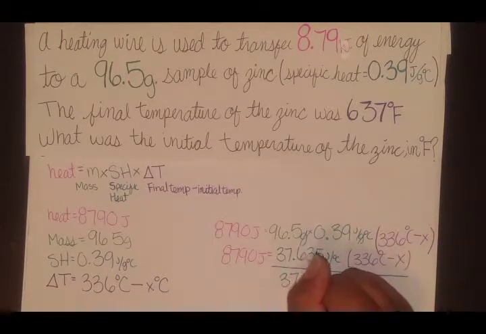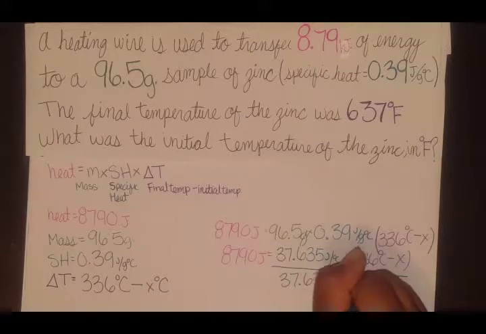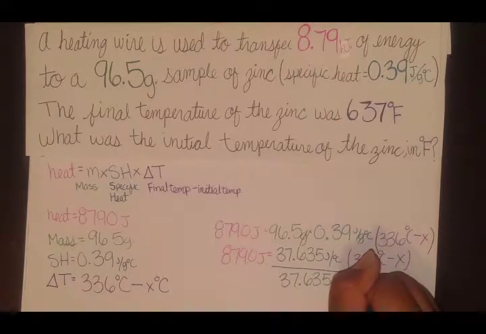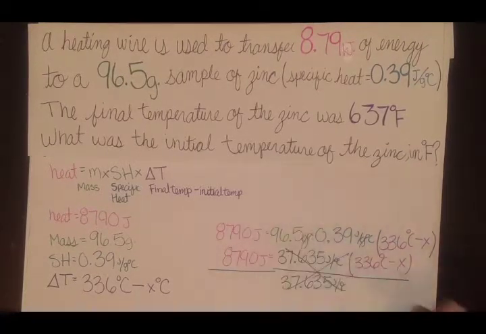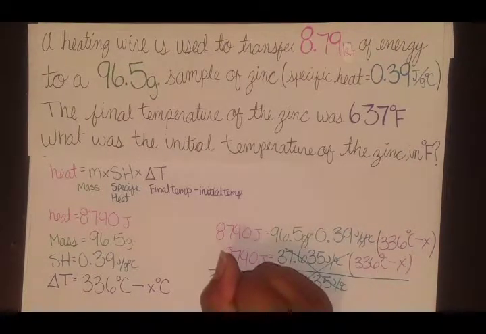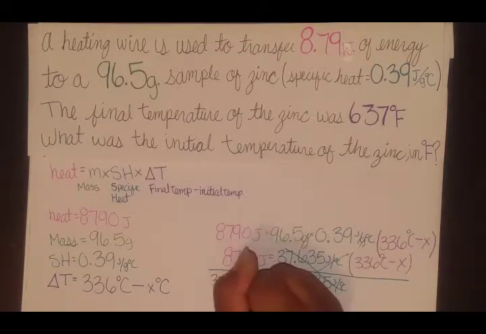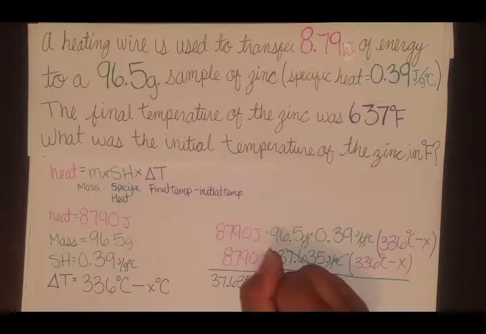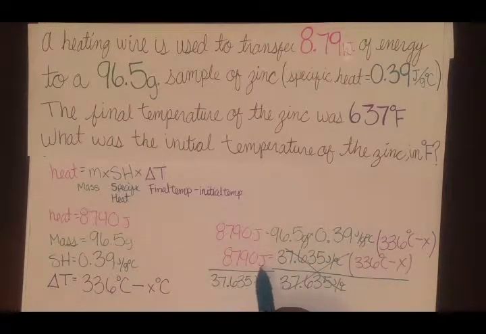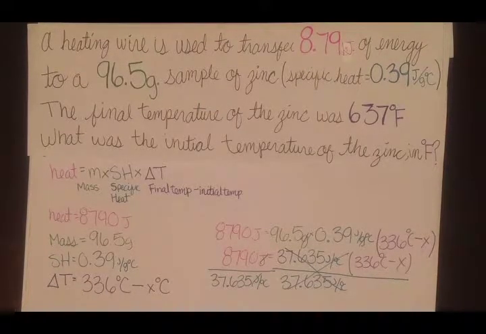So 37.635 joules degrees Celsius, and this cancels out, and then we divide it on the other side as well. 37.635 joules and degrees Celsius, and then these two cancel out there, and now we get our answer.